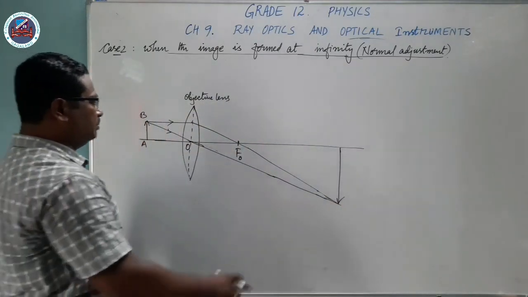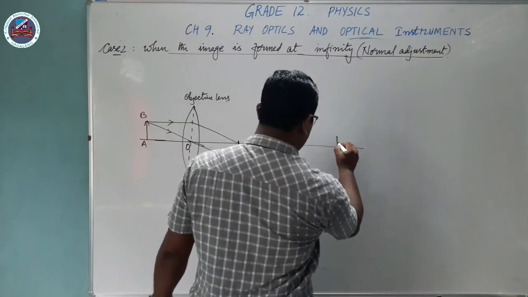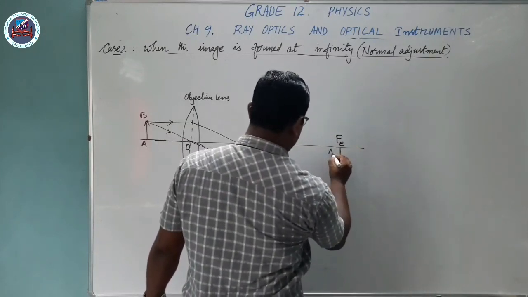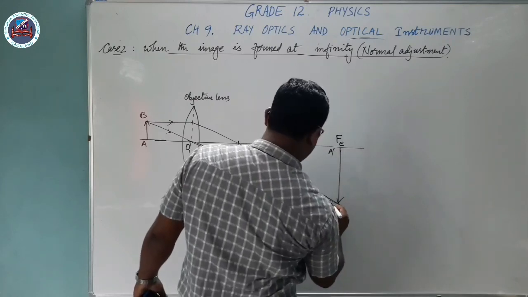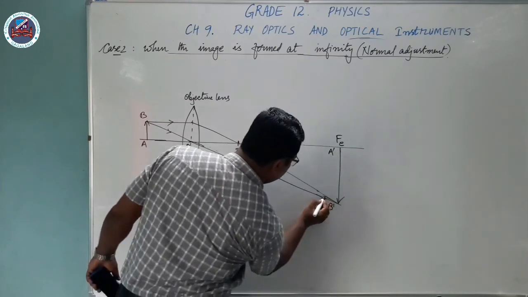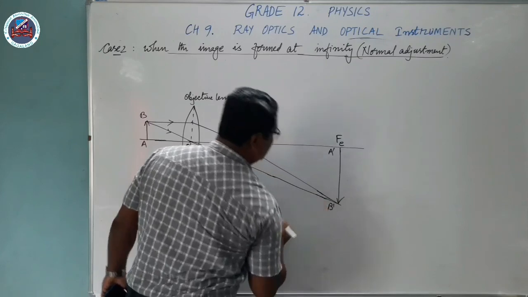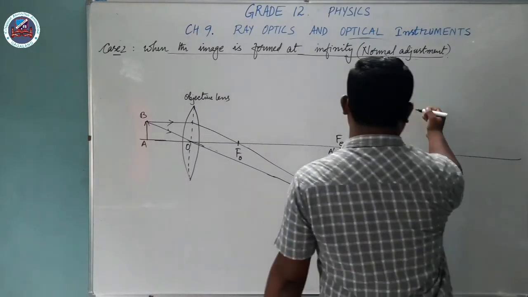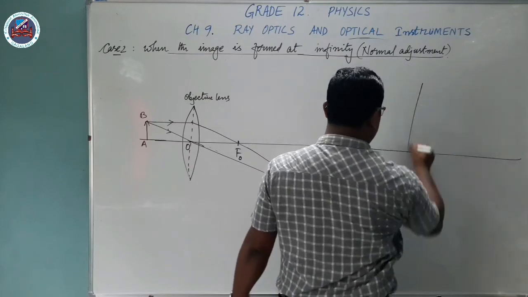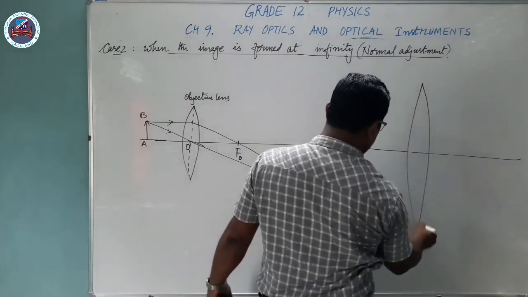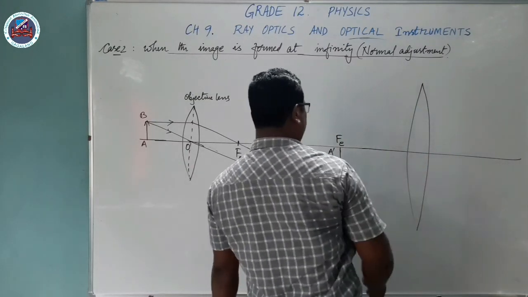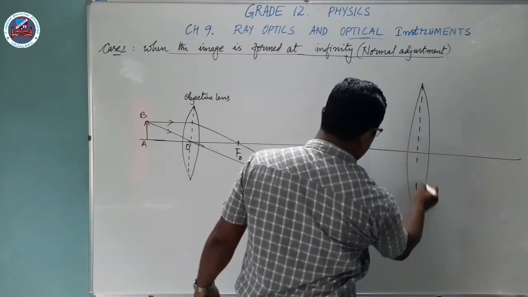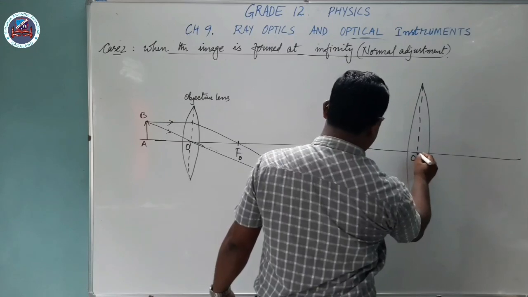Now this image must exactly form at the principal focus of the eyepiece lens. Let it be A dash, B dash. After that, you draw the eyepiece lens. Suppose this is my eyepiece lens, larger aperture, larger focal length. If I draw a refracting plane this way, this is the optical center.